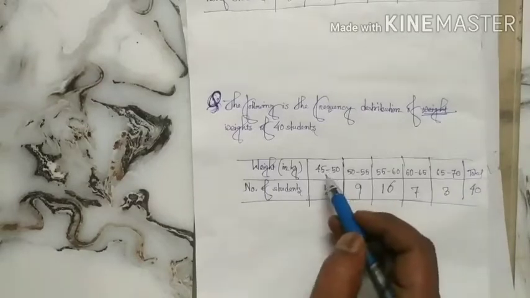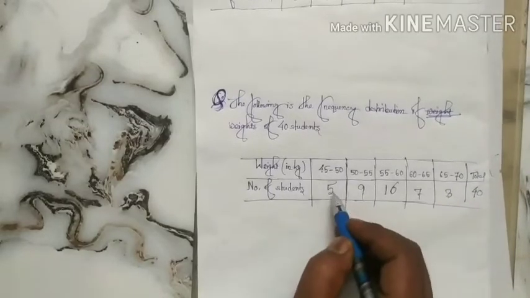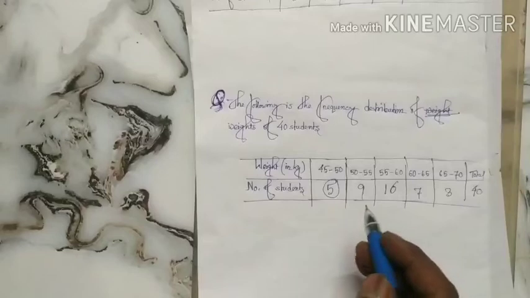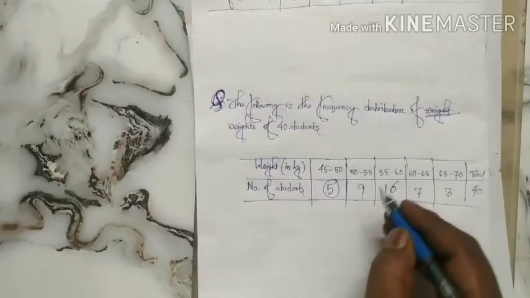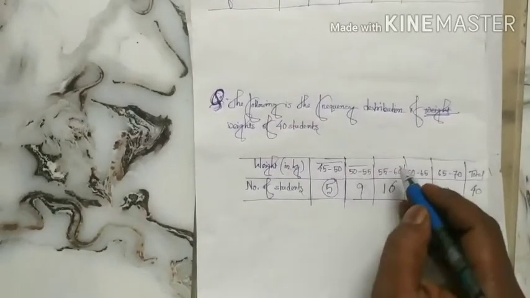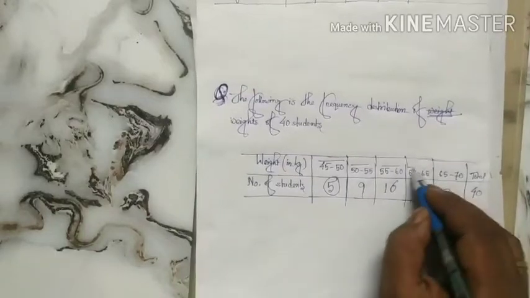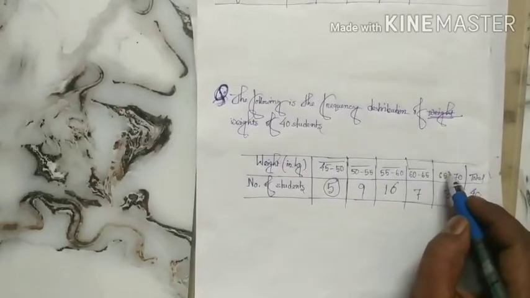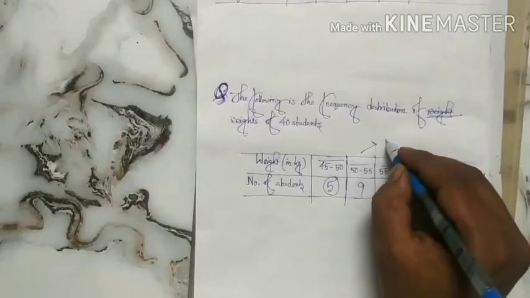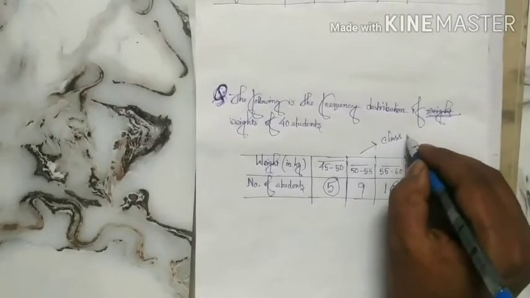The number of students is 5, so 5 is the frequency. The intervals 45 to 50, 50 to 55, 55 to 60, 60 to 65 are called class intervals.